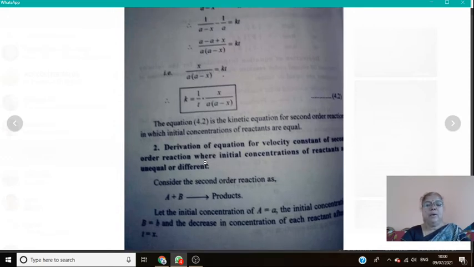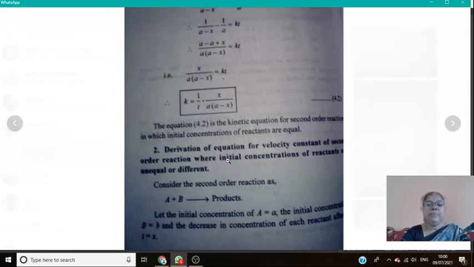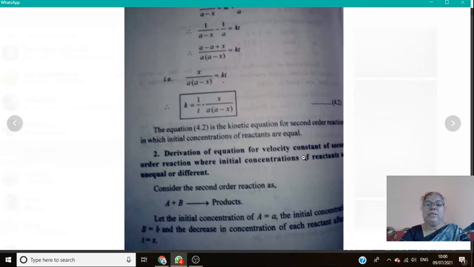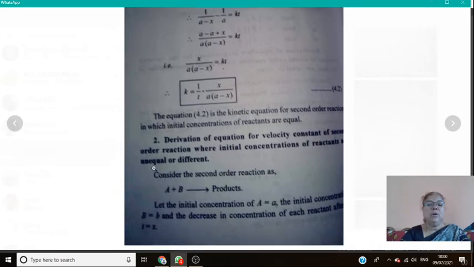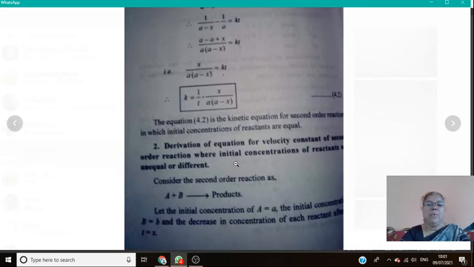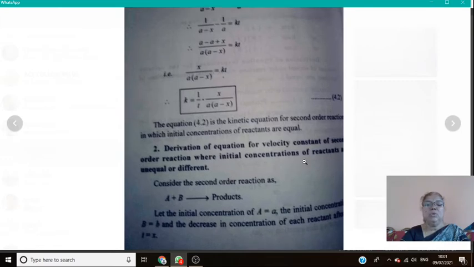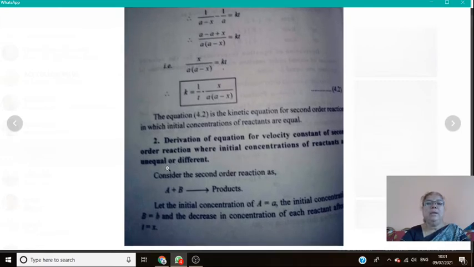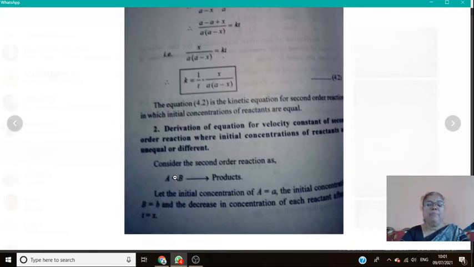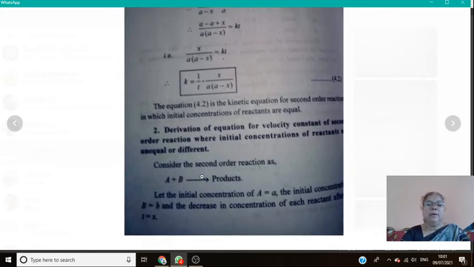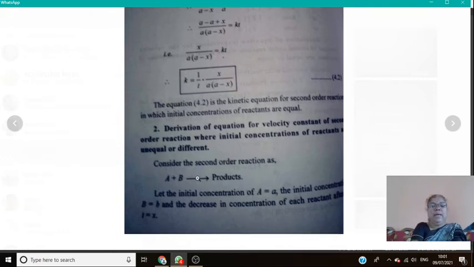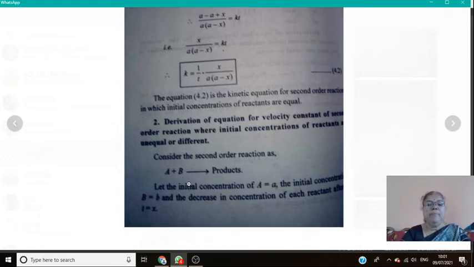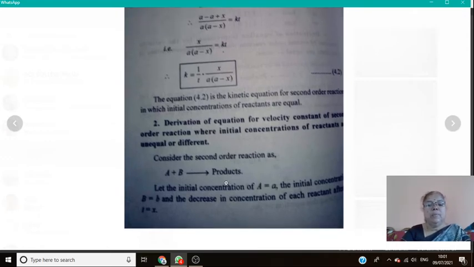And then we can derive the equation for velocity constant of second order reaction, where initial concentrations of reactants are unequal or different. For that purpose we can write the second order reaction as A plus B gives product.